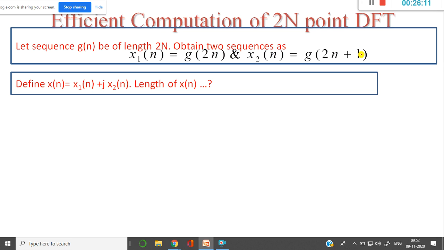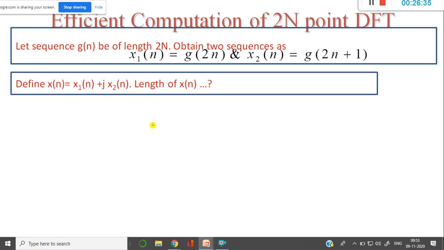If you have an 8-point sequence, I can write this 8-point as 2N, considering N equal to 4. So now I ask you to find that DFT using N-point DFT.